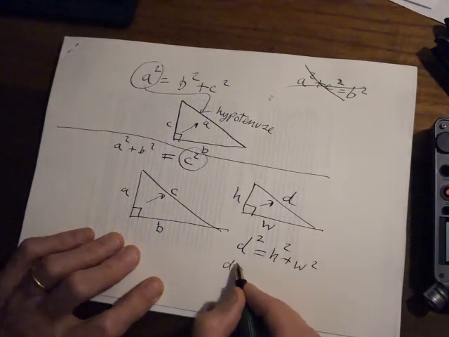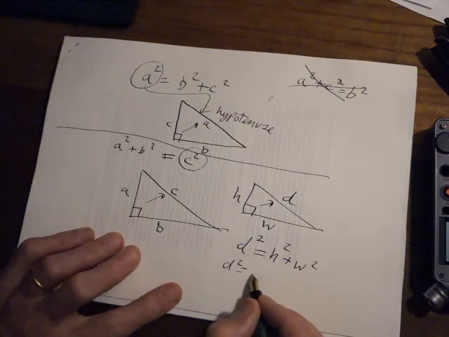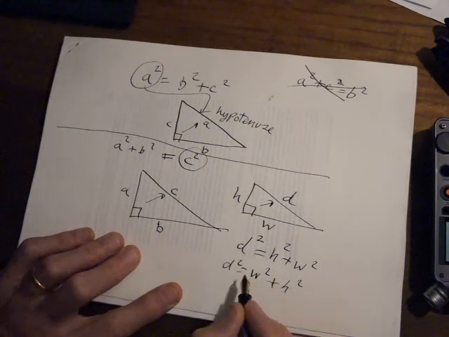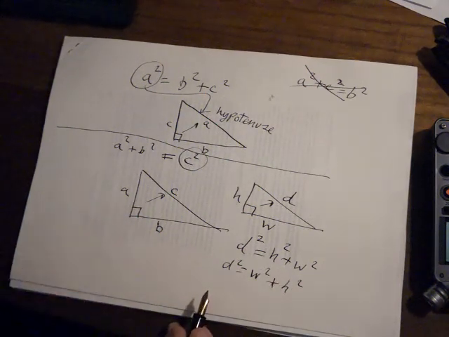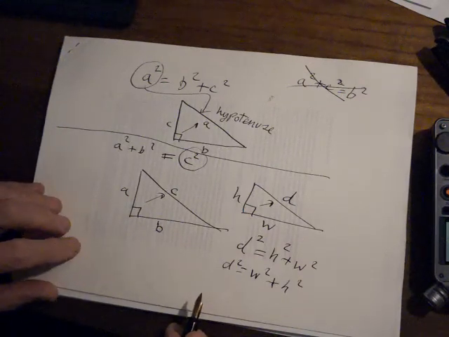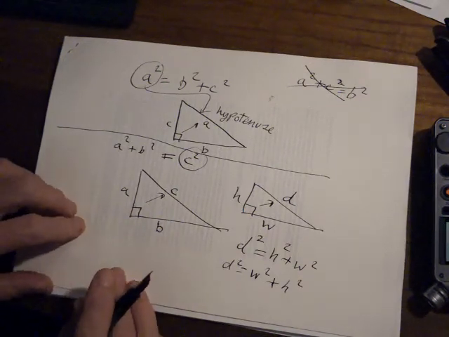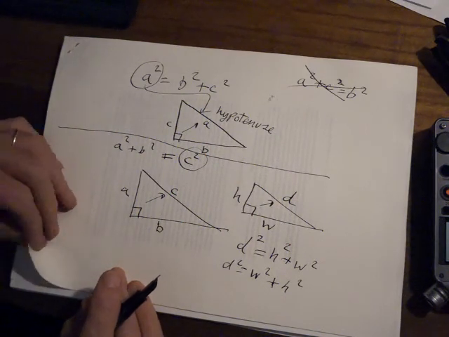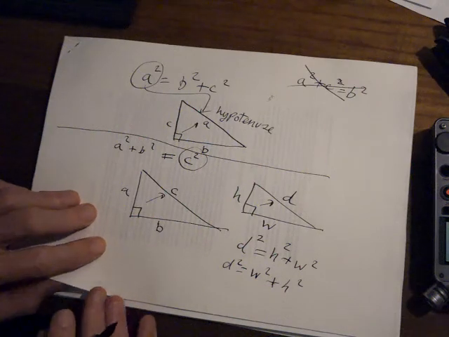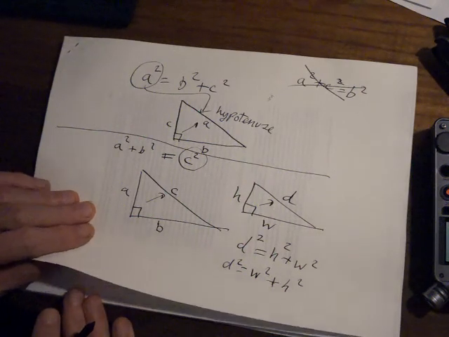It would be just as correct, of course, to write that d squared equals w squared plus h squared. If we add w squared and h squared, it doesn't matter whether we put the h squared first or the w squared first. So that sorts that out, and that means that you can expect to see the Pythagoras formula written in a lot of different ways, and you can apply it in multiple different ways.